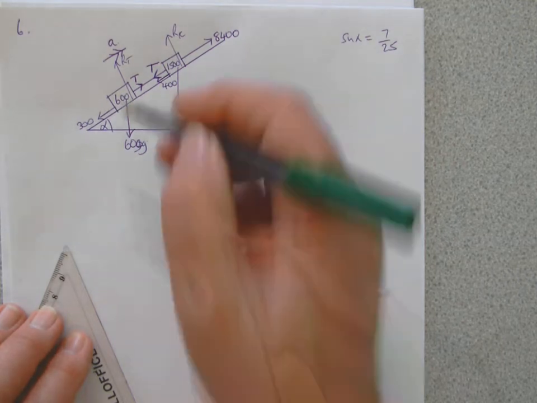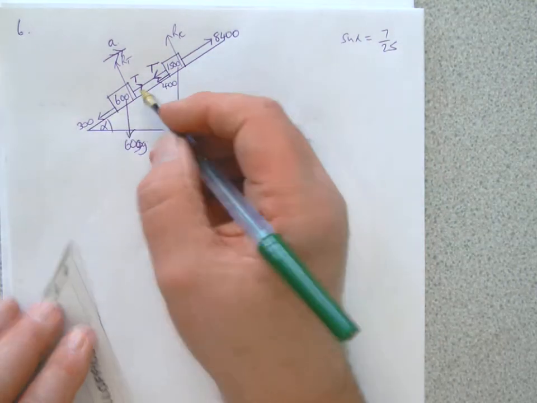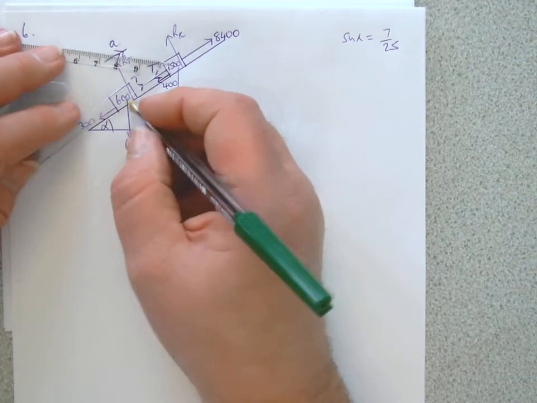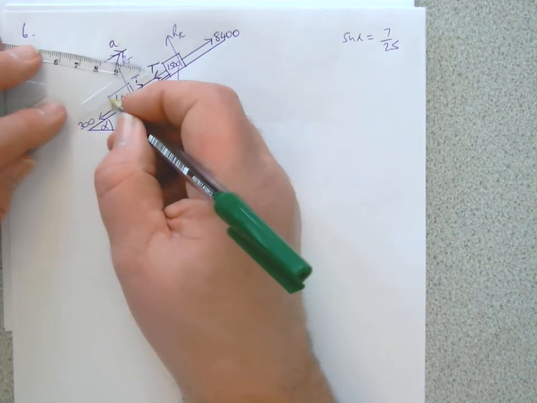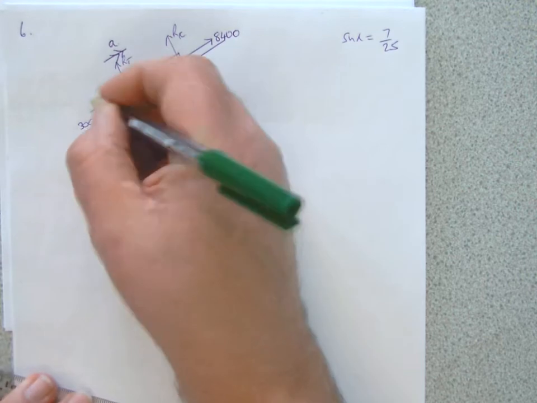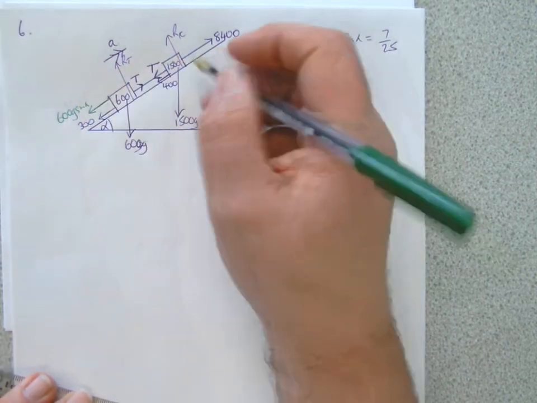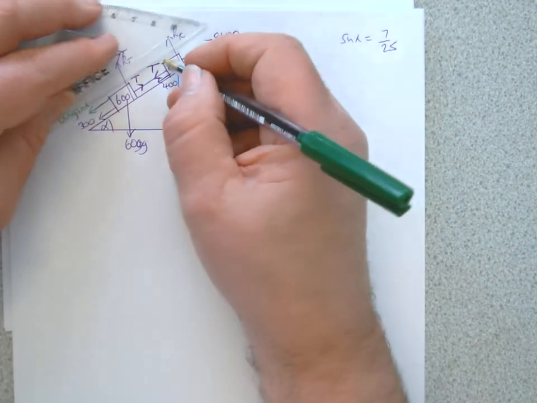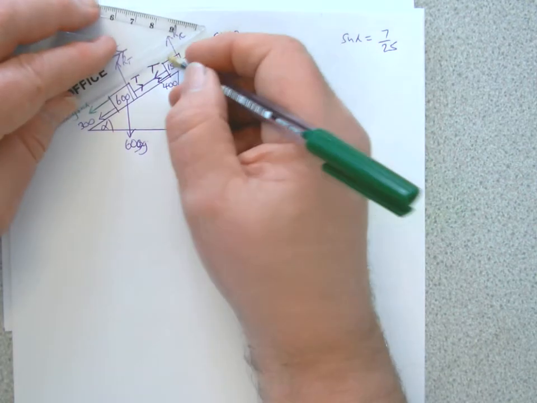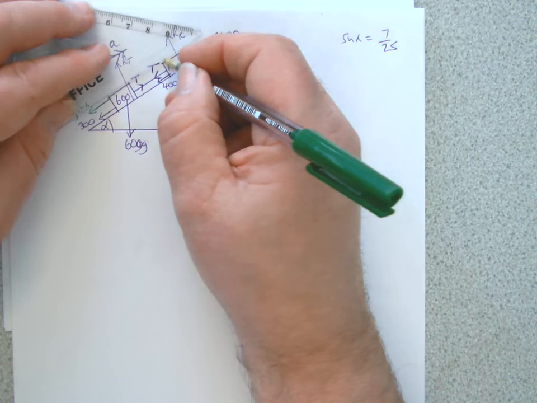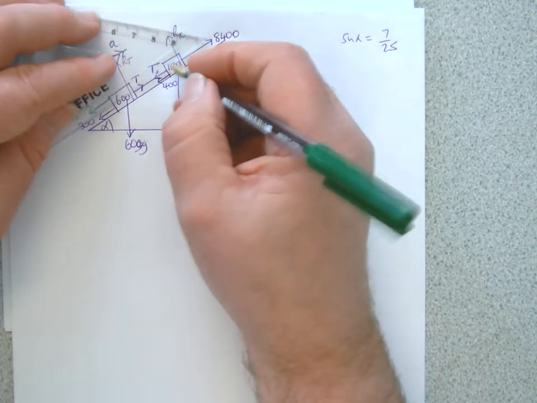Right, I need these weight components. So 600G there will be that one. That'll be 600G sine alpha, and the 1,500G. See, the diagram's getting rather messy, and I don't know where to put it.